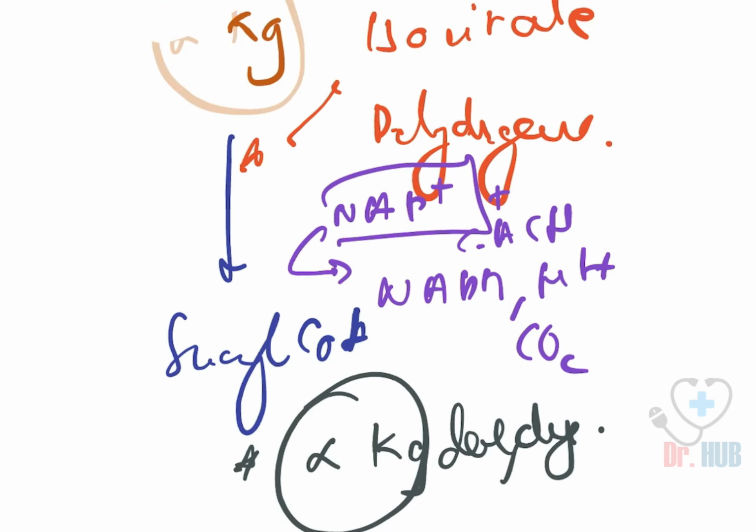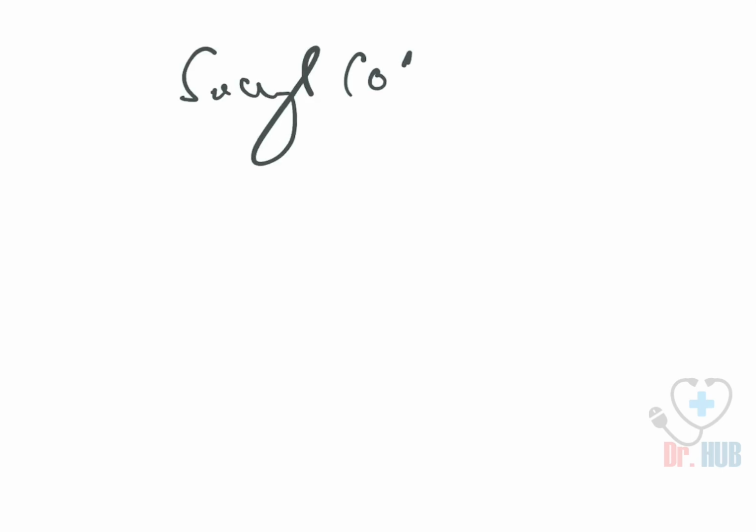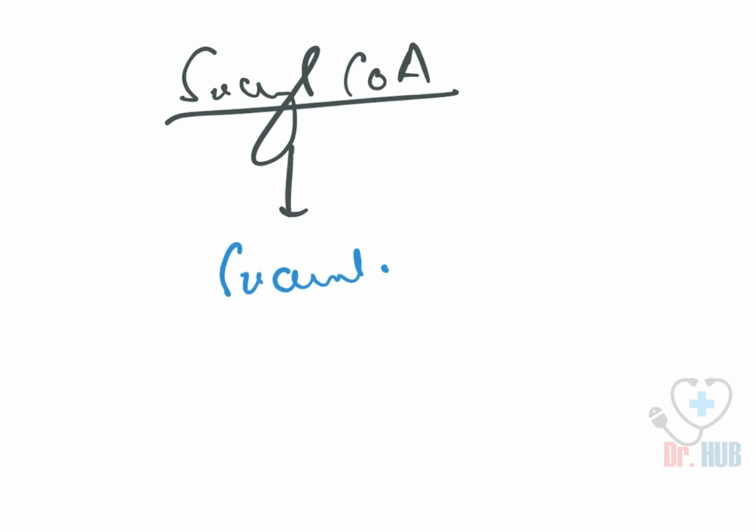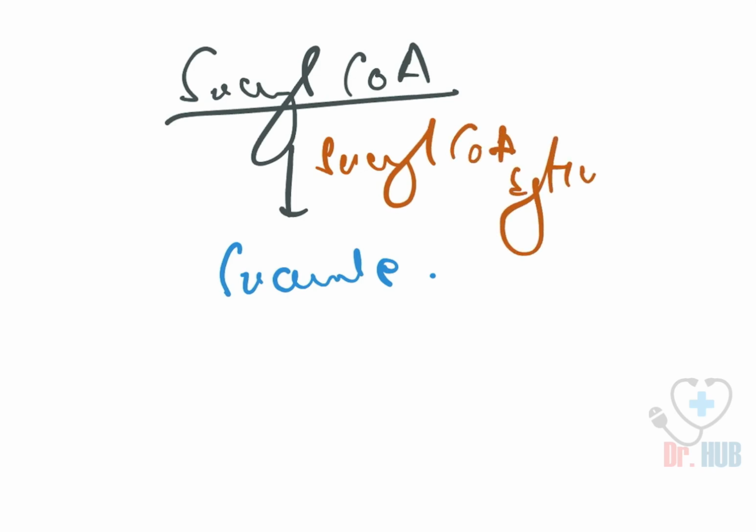Then moving on to the next step, what happens after the succinyl CoA. So we get succinyl CoA, and after the succinyl CoA, there is the succinate. The enzyme here is the succinyl CoA synthetase.